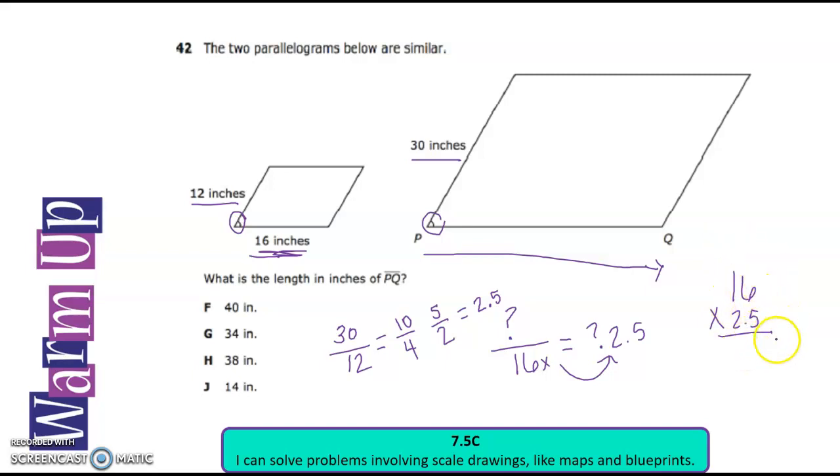So 6 times 5 is 30. 5 times 1 is 5, plus 3 more is 8. Add that 0. 6 times 2 is 12. Carry that 1. 2 times 1 is 2, plus 1 more is 3.